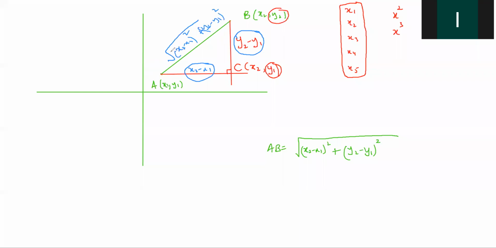Now, if you remember that this has been derived from the Pythagoras theorem, then you will never forget this plus sign between them, because there are many formulas in coordinate geometry where, for example, if we write the gradient, this is the rise over the run. So this is going to be y2 minus y1 over x2 minus x1.